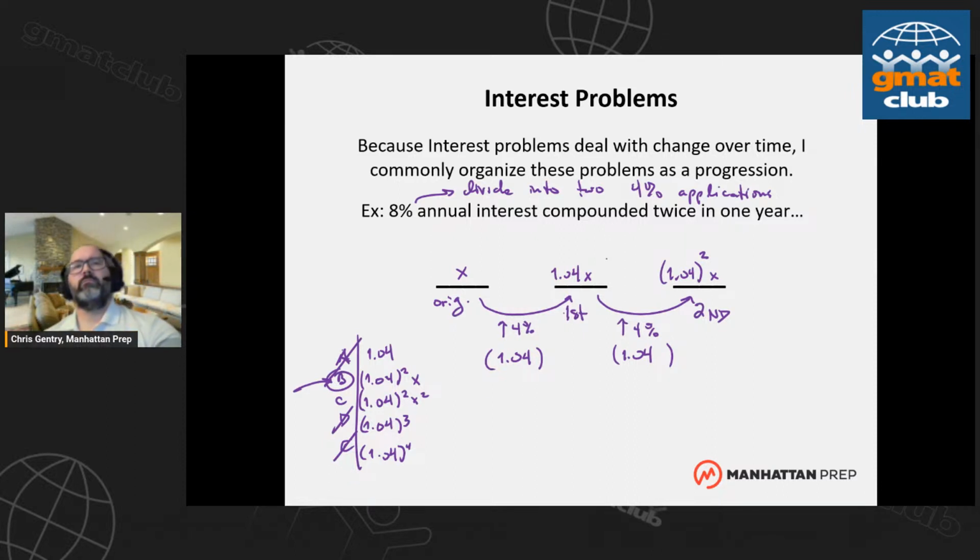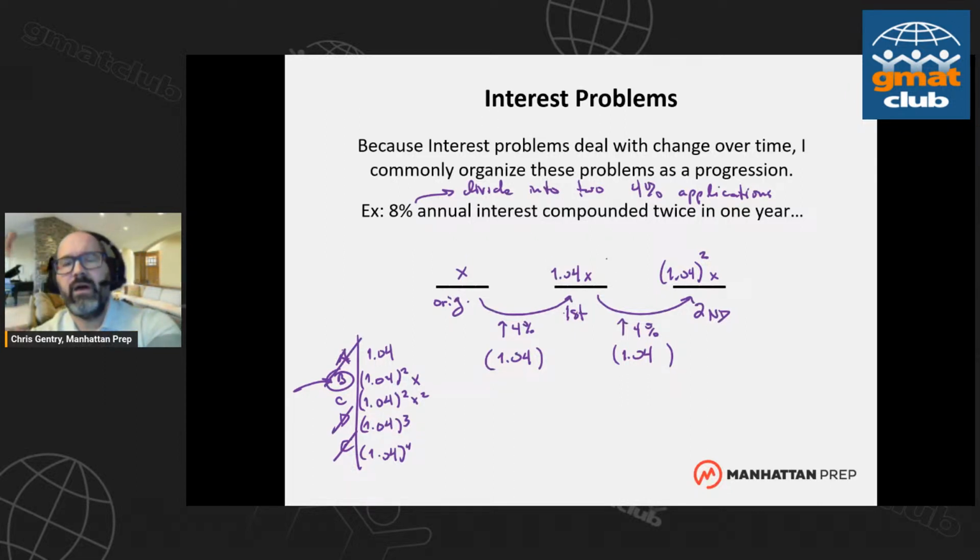Okay. So Archdeep, the difference here between simple interest and compound interest is whether you do the same effect in each period of time. Do you apply the same percentage change in each period of time, or is it one application and then you just add on the result each time?